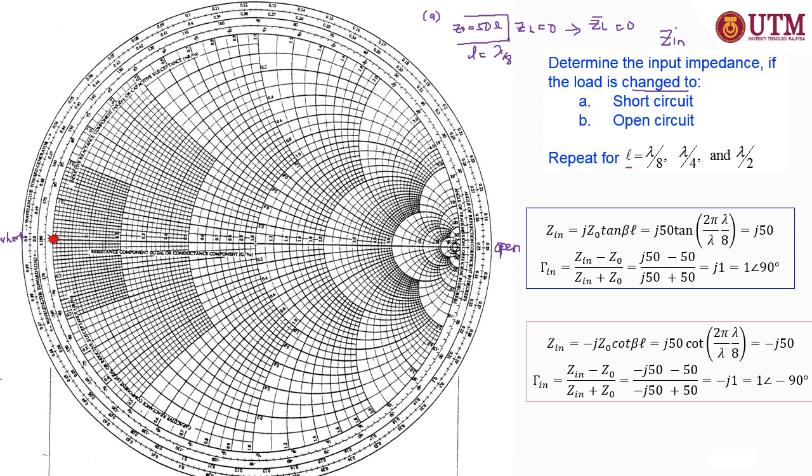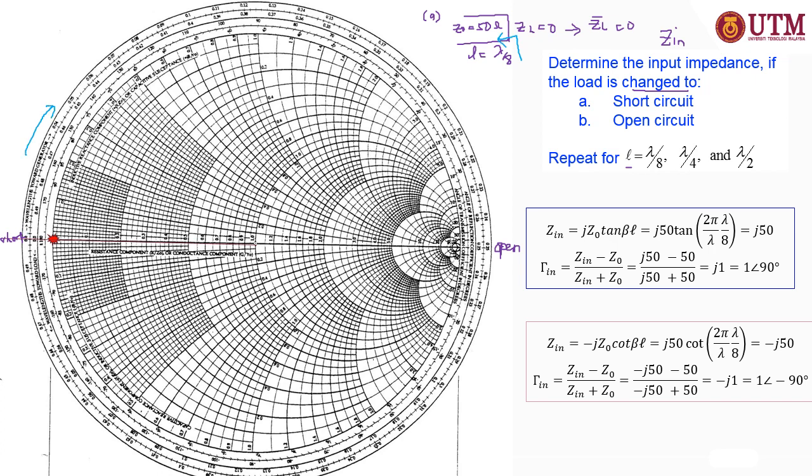Okay, so at this point now it is the load impedance. So get the wavelength, the current position. To determine the Z in, you'll be looking towards the generator. So it will be in this way.